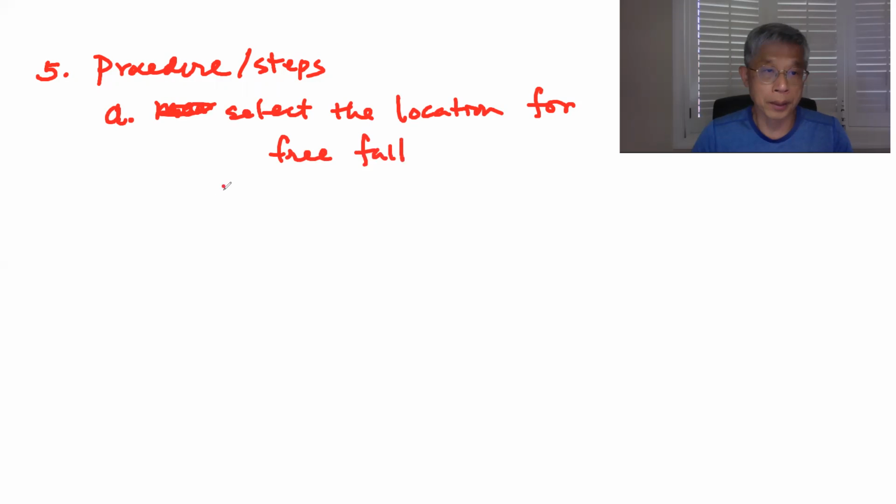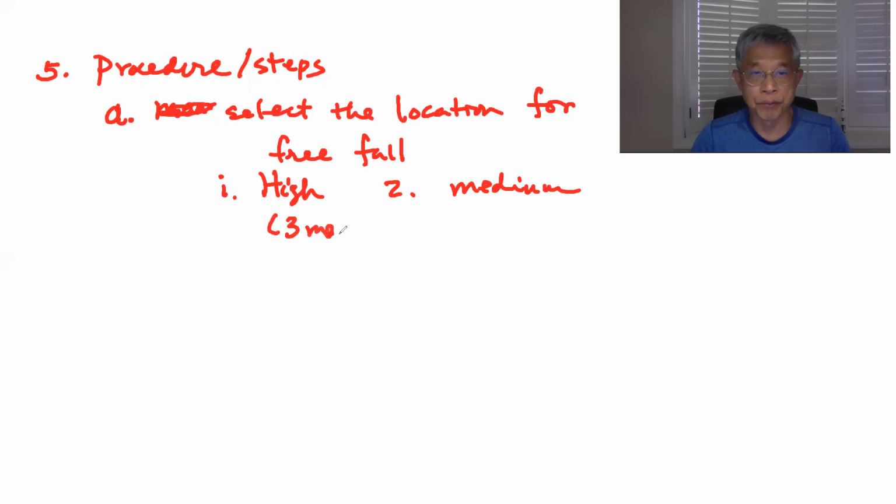So you need to select at least two locations. So two, so say high, and medium, right? So I would suggest something like 3 meters if you can find it. And then here, 1.5 meters, something like that.